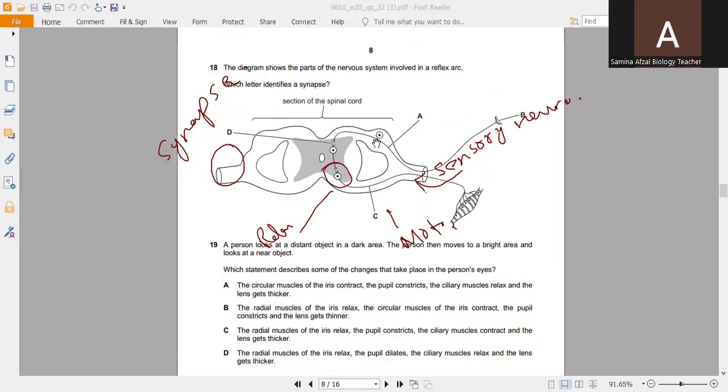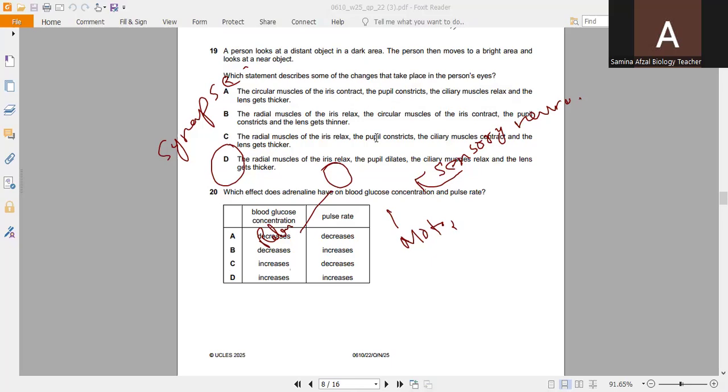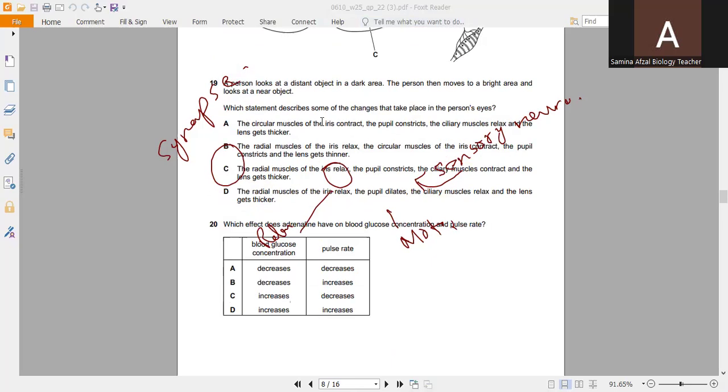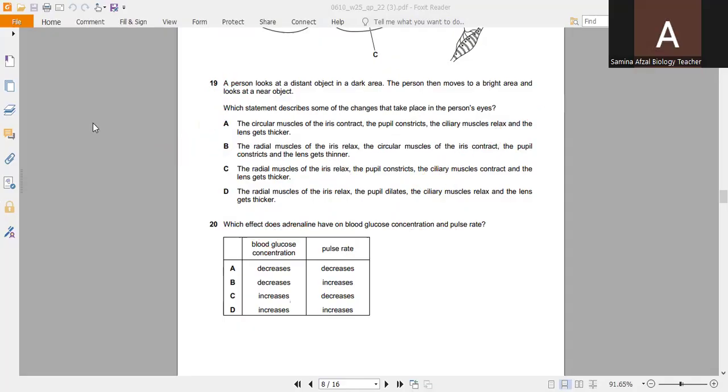Now question number 19 is, a person looks at a distant object in a dark area. The person then moves to a bright area and looks at a near object. So which statement describes some of the changes that take place in the person's eye?